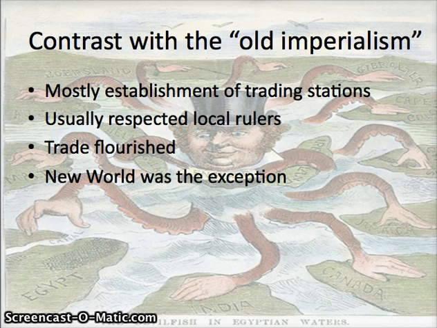England also plays into this New World definition. When it colonizes the east coast of North America, we know that's temporary because of the American Revolution, but it's still a good example of how the old imperialism in the New World is more like new imperialism. They also colonized parts of Canada.